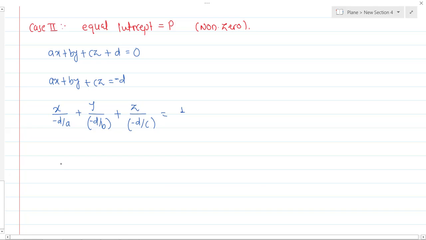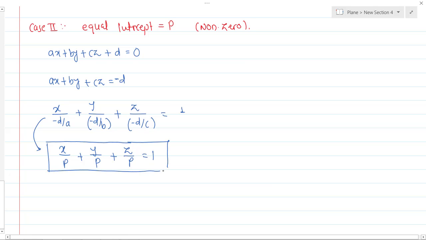which is equal to 1. If I write it in the standard form, this will be x by p plus y by p plus z by p equals 1. This is the standard form of the plane which is making an equal intercept, and that intercept is equal to p.